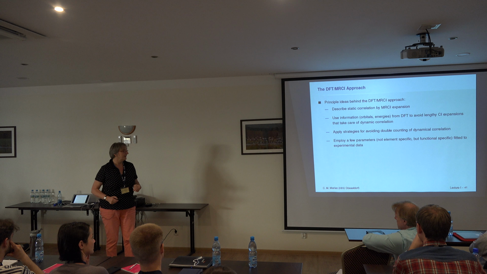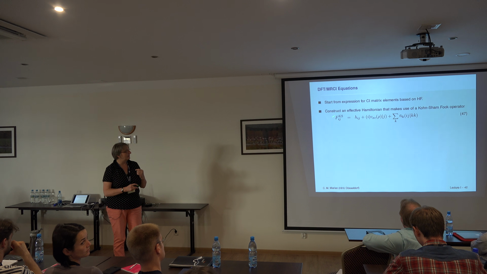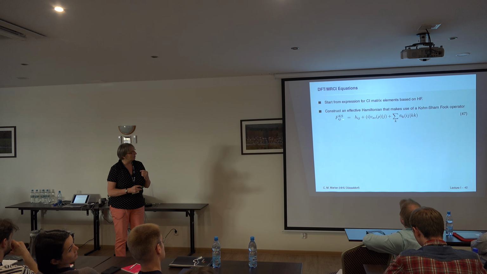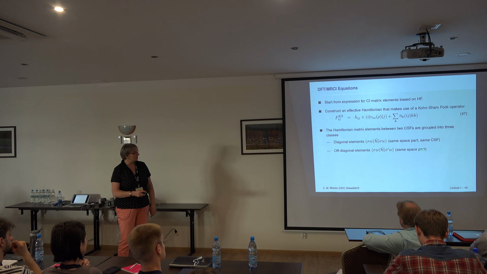So we start from the expression with Hartree-Fock. This is just the Fock matrix, the Kohn-Sham Fock matrix again. And then we have diagonal elements in this matrix. We have off-diagonal elements which have the same space part but different spin parts.